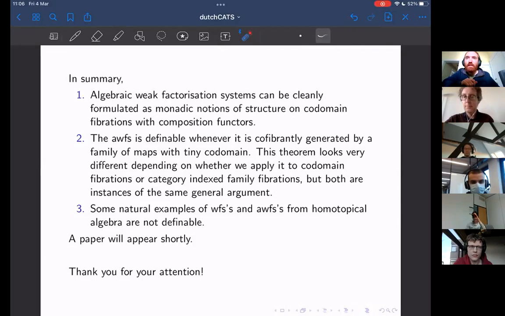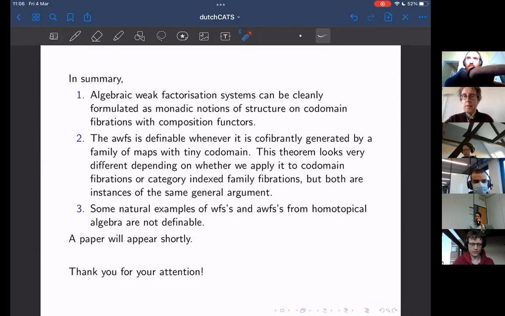You remarked at the end that certain notions of homotopy fibration are not definable. Is this a problem for anything? Definability is an attractive notion, but for which purposes is it necessary, and for which purposes is it not so much of an issue?